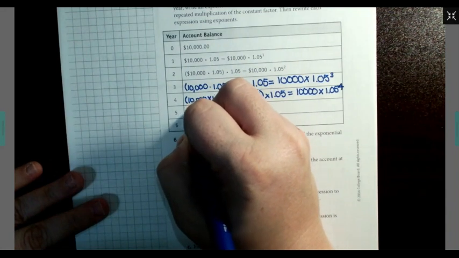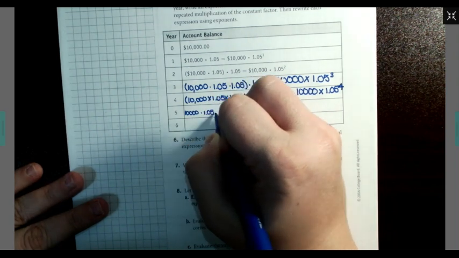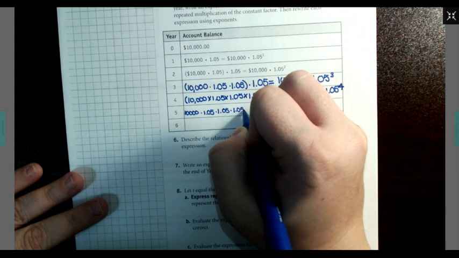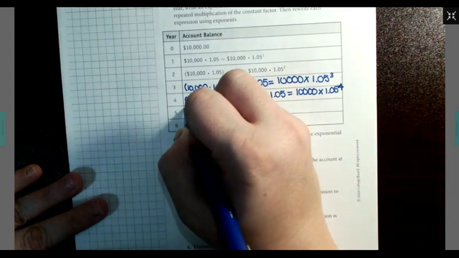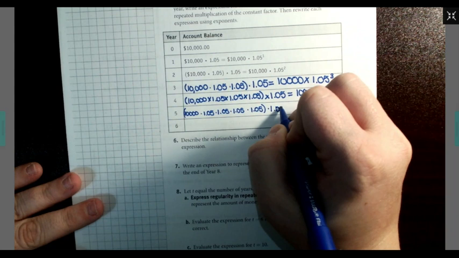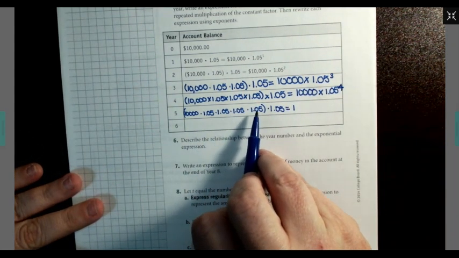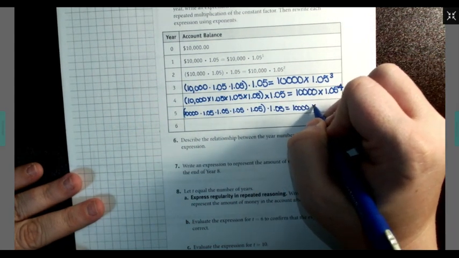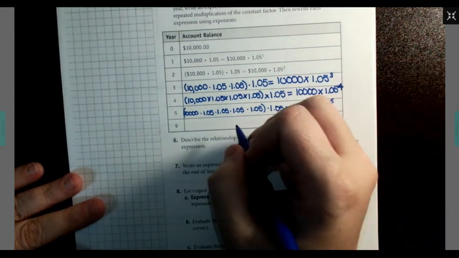Next time, we're going to have 10,000 times 1.05 times 1.05 times 1.05 times 1.05. This is all from the previous year. And this year we multiply by another 1.05, making that 1, 2, 3, 4, 5 of them. So 10,000 times 1.05 to the 5th power.